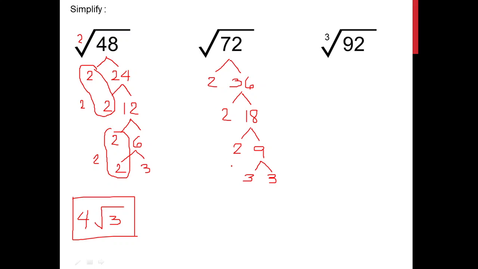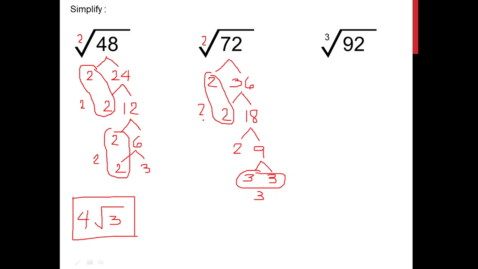Now all the numbers left are prime numbers, so we can start pairing the numbers. Since this is a square root, it has an index of 2, so let's pair 2 same numbers. This 2 does not have any other pair, but we have another pair here, which is 3 and 3. Now the next step, find the value of the pair. Since this is 3 and 3, the value is 3.